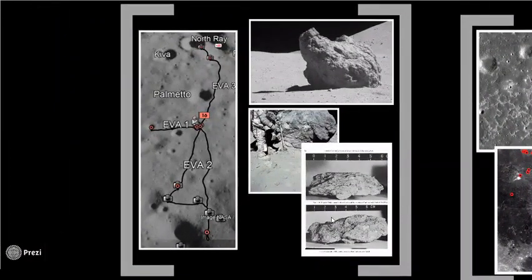So for lunar exploration, I decided to do Apollo 16. Apollo 16 landed in the Descartes Highlands. These were chosen for apparent volcanic activity. Geologists reached a general consensus that there might be a lot of volcanic material in that specific region.